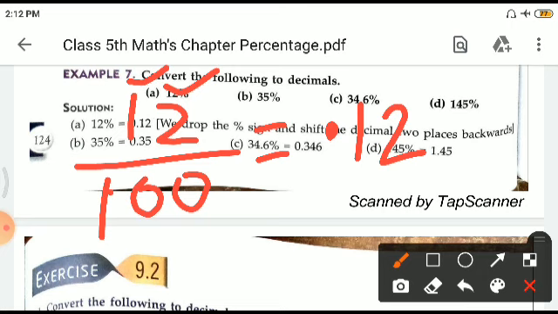Right? Is it clear? We will put a decimal here. Where below there is 1 at the top, in the numerator, we will put a point, a decimal before 12, right?